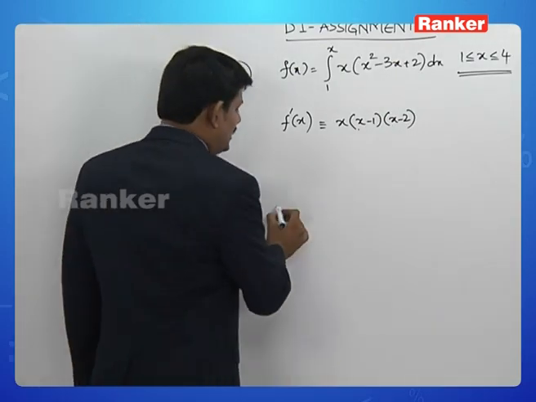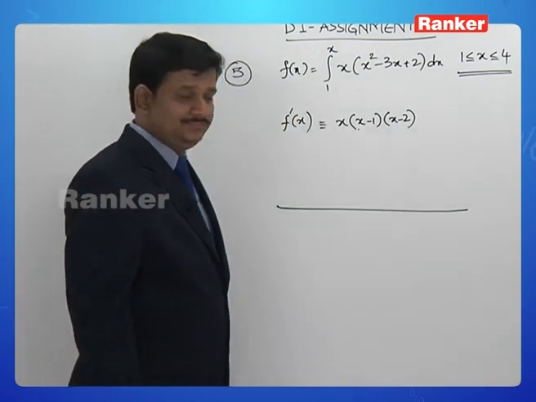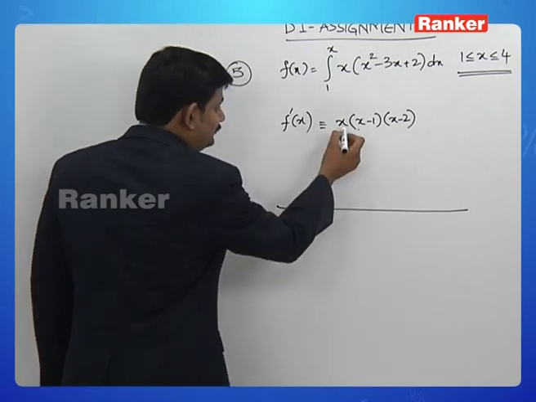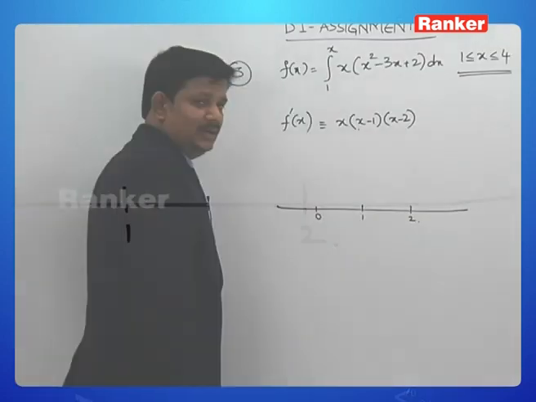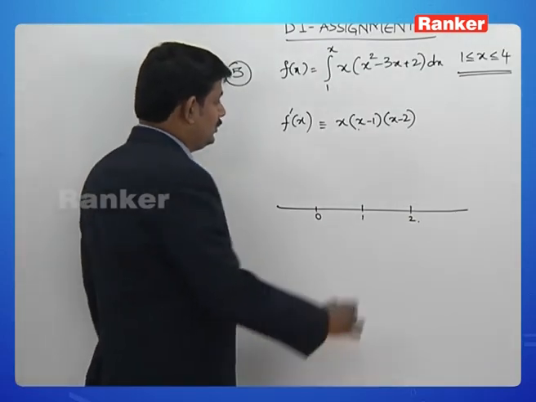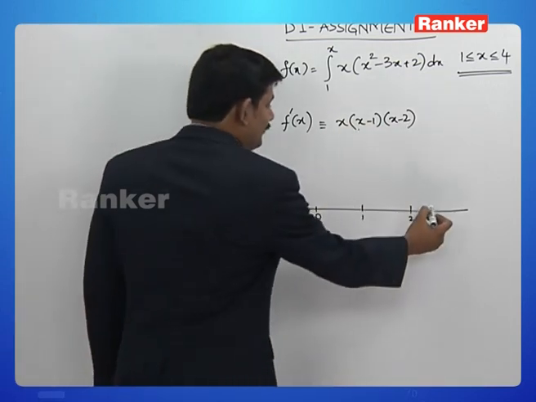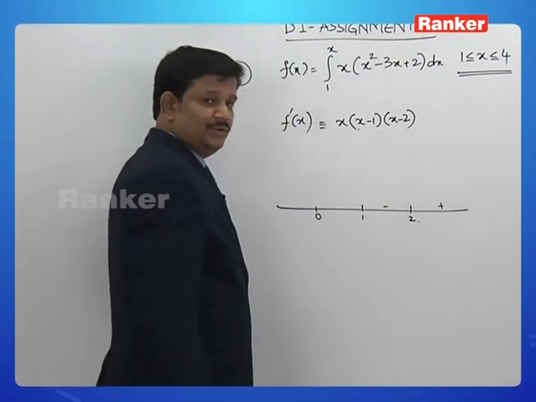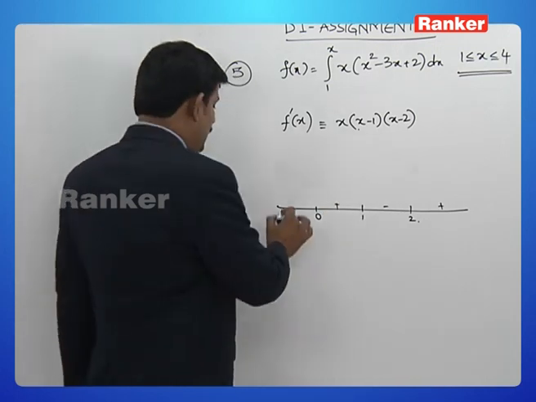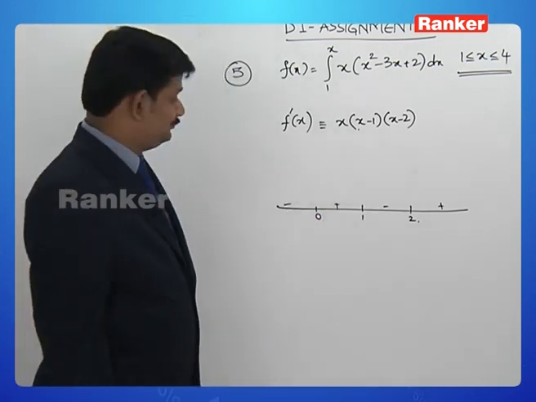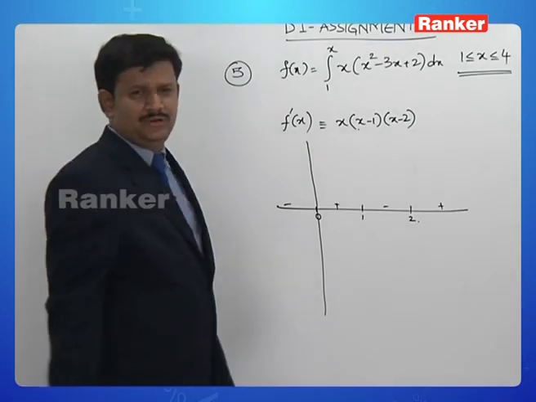To observe whether f dash of x is positive or negative, let us use the wavy curve method and plot 0, 1 and 2 on the number line. If x is greater than 2, x minus 2, x minus 1, x are all positive. So, f dash of x will be positive from 2 to infinity, negative from 1 to 2, positive from 0 to 1, and negative when x is less than 0. Using this, let me plot the graph of y is equal to f of x.